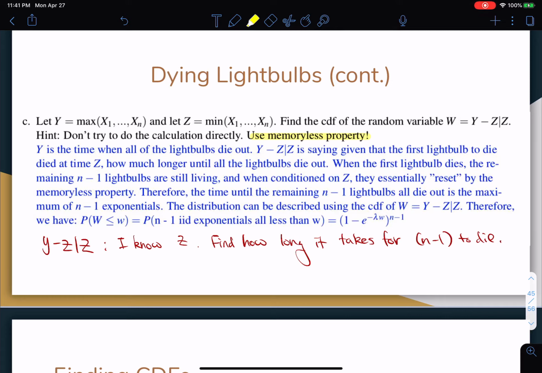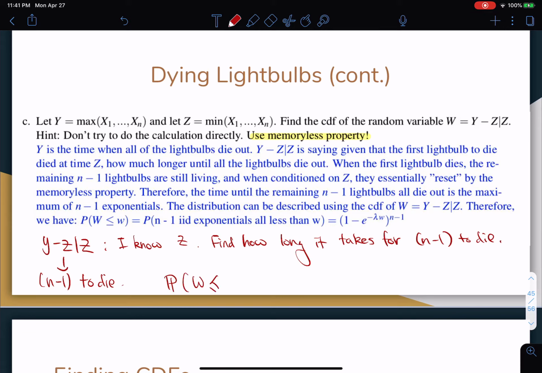It gets reset, meaning when the first one died doesn't matter anymore. So essentially this turns into how long does it take for n-1 to die. And you can find the distribution, the CDF, by just calculating it.